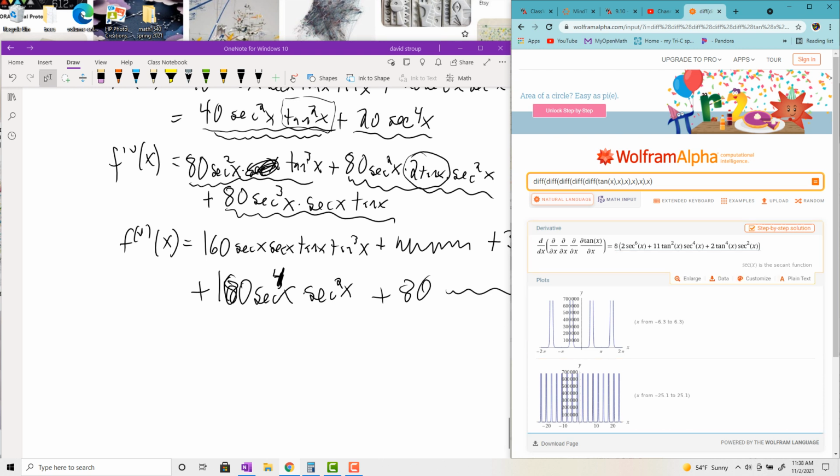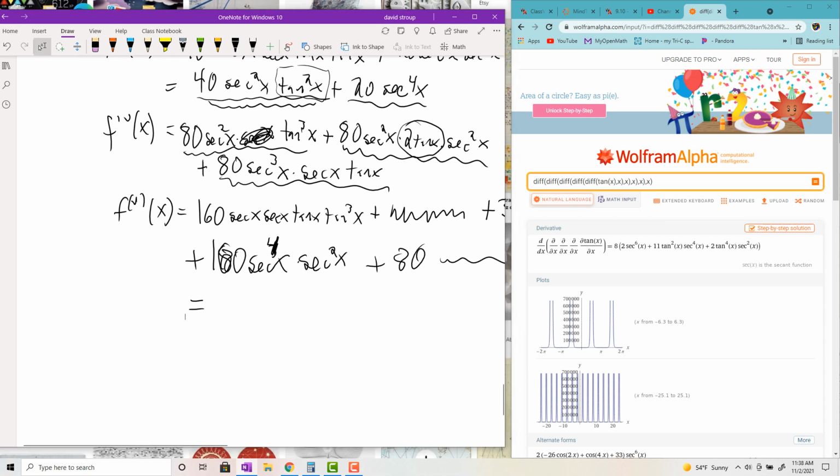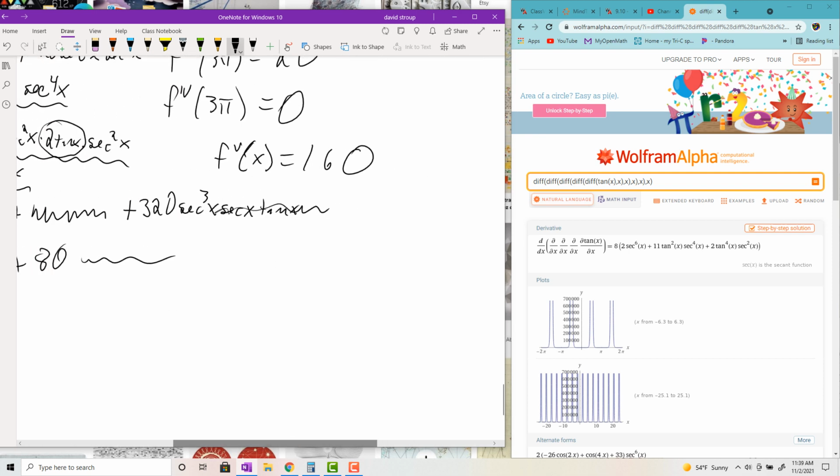Is that the fifth derivative? 1, 2, 3, 4, 5. Yeah. So when you plug in 3 pi for the fifth derivative, it looks like you get 160. Or no, you're just going to get 16.